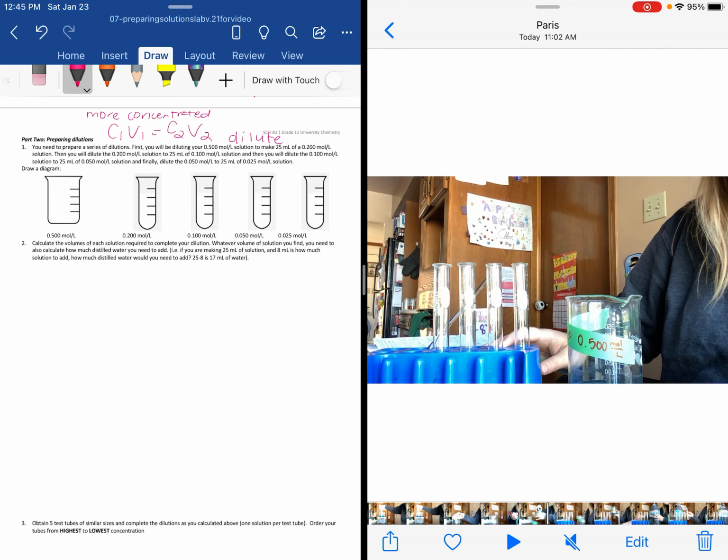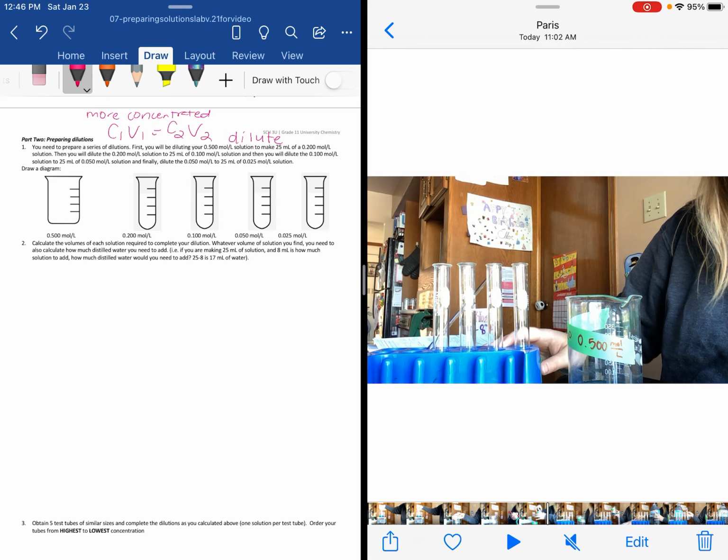We would have a more concentrated solution. You would calculate the volume of that solution we're going to take out, in order to make a solution that we know what we want the concentration to be and what volume we want to be. How much do I need to use during a lab or whatever.